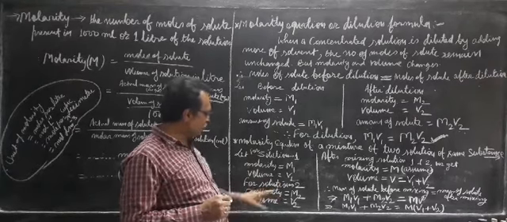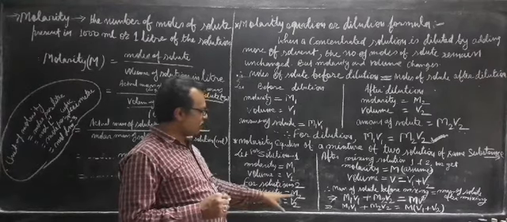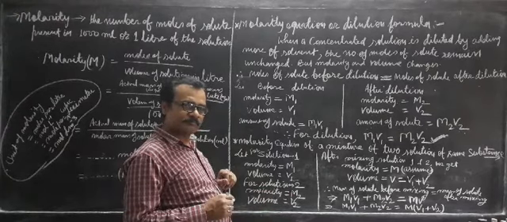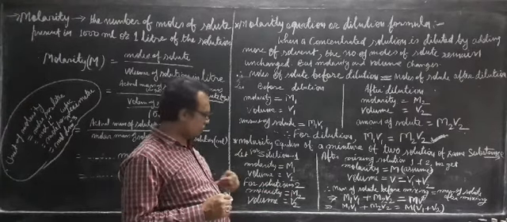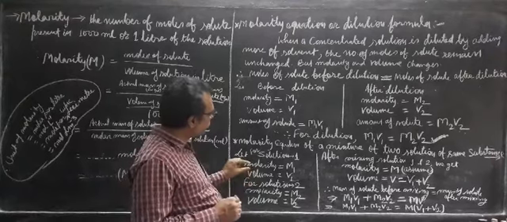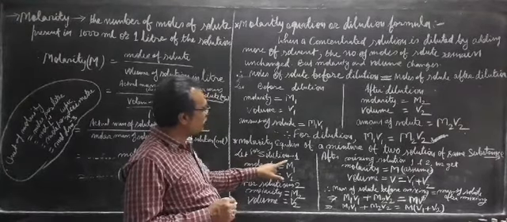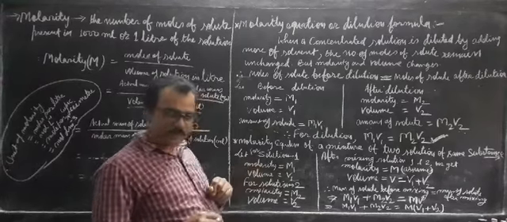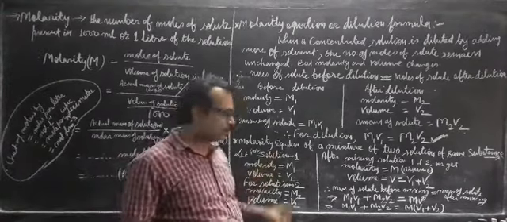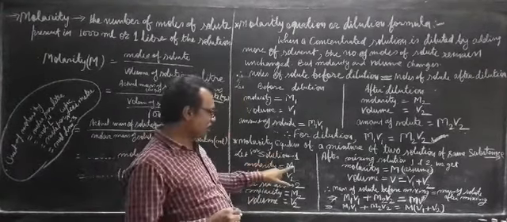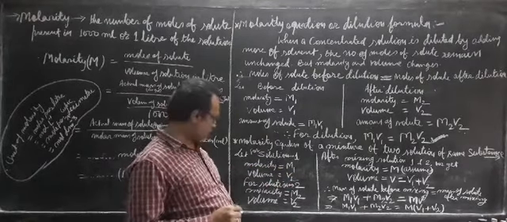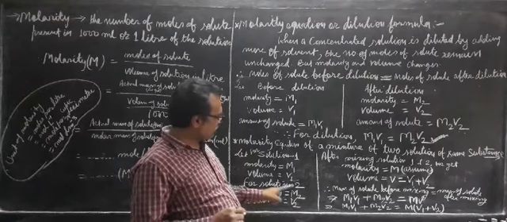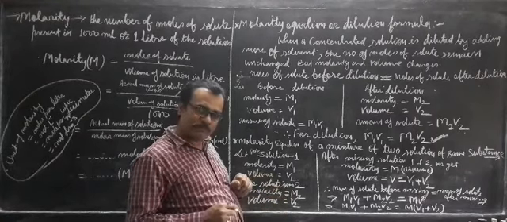For solution 2, the molarity is M2 and the volume is V2. The amount of solute present in solution 1 would be M1 V1, and the amount of solute present in solution 2 would be M2 V2.